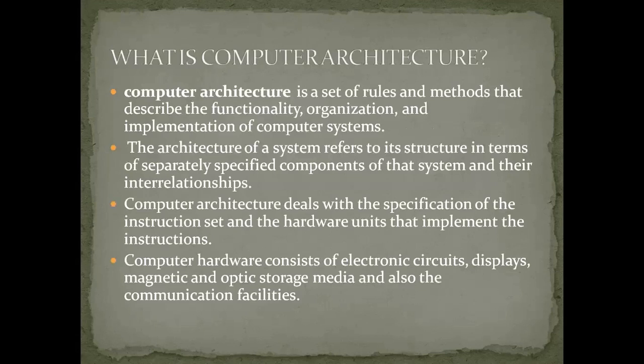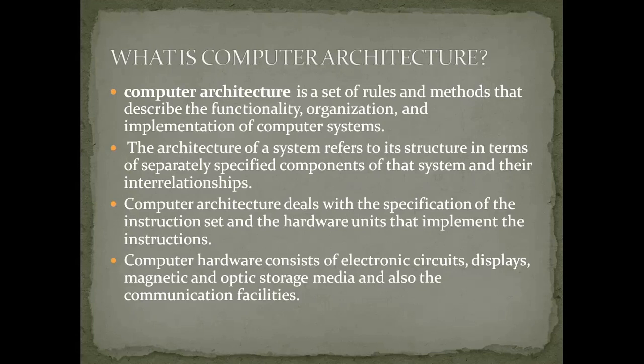Next, what is computer architecture? Computer architecture follows the rules and methods that describe the functionality of computers and the design and implementation of computer systems. It explains in detail the functions of a computer, and then the design and how to implement the systems.